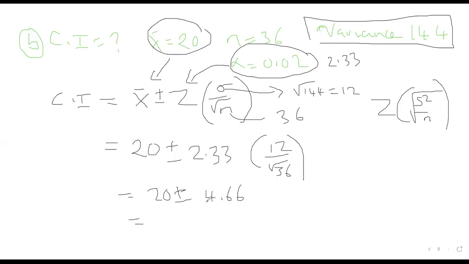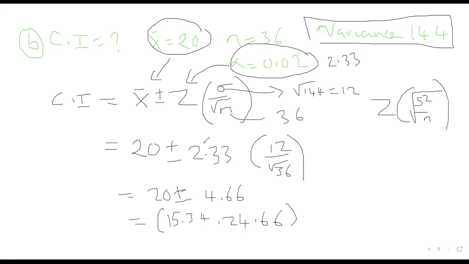So 4.66, you start firstly with the lower boundary. So 20 minus 4.66 would be 15.34. Then when you add that, you're going to get 24.66. So this is the upper bound and the lower bound.